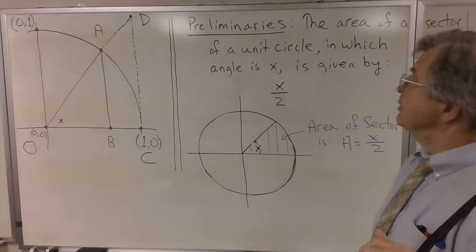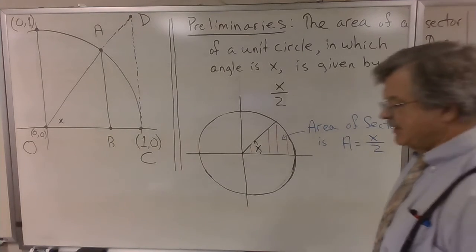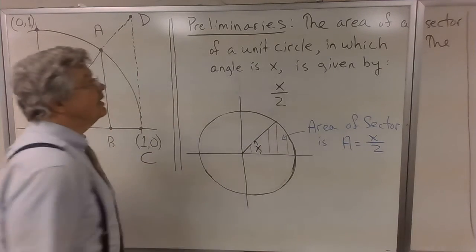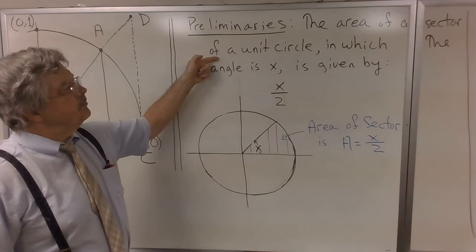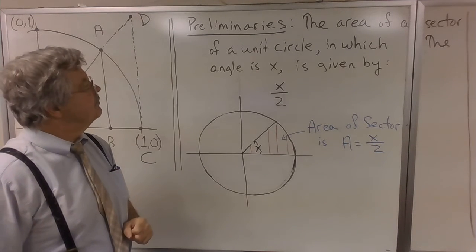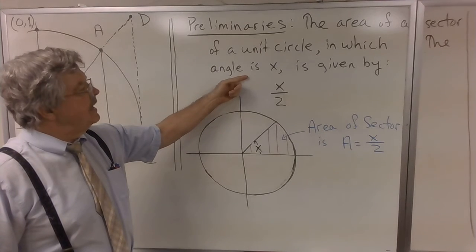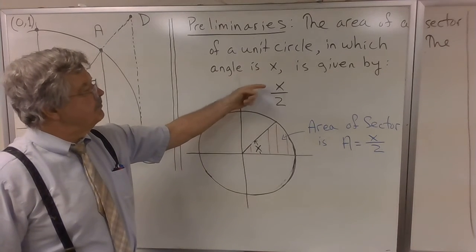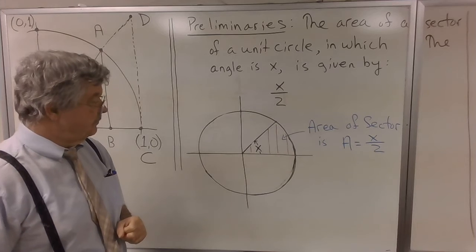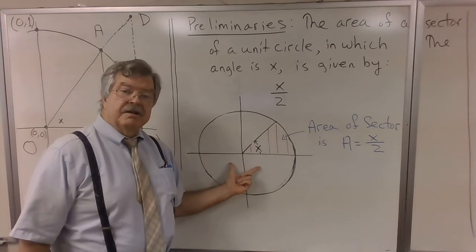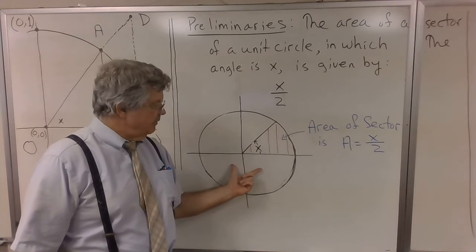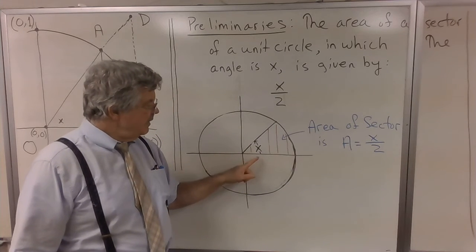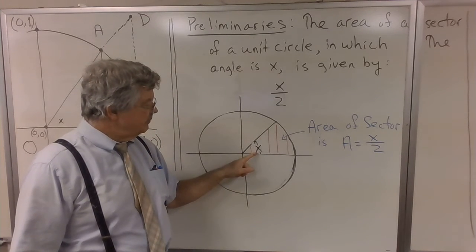Some preliminaries right here. The area of a sector of a unit circle in which the angle is x is given by x over 2. To illustrate, look at this unit circle. Here's the angle x.